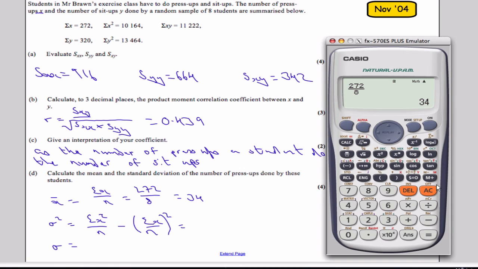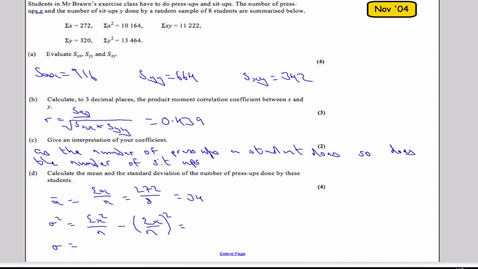Right, so we're going to do sum of x squared, which is 10164 over n, which is 8, minus the square of the mean, 272 over 8 squared, which will give me 229 over 2.